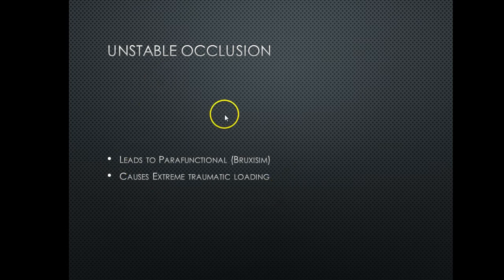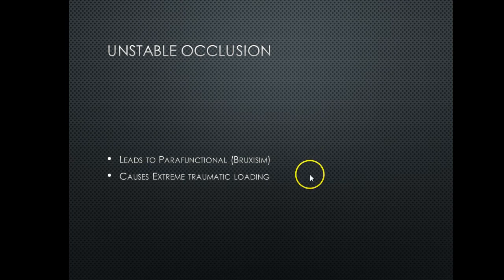So unstable occlusion can lead to parafunction, which is bruxism, which can exceed the amount of bite force we talked about, almost 900 Newton. So imagine patients that already lost their PDL, and you're trying to make an implant restorative full mouth prosthetic.